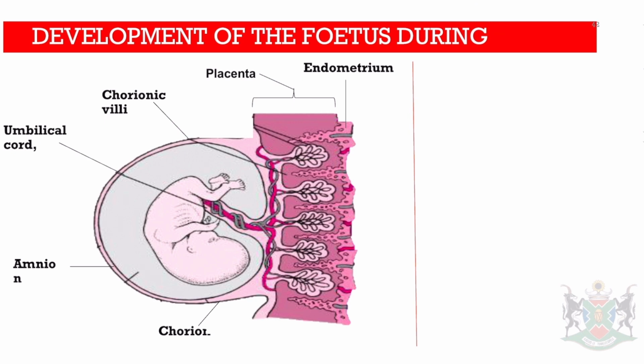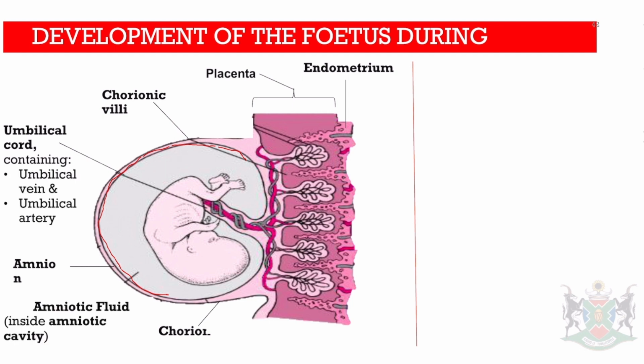And then we have the amnion, the second extra-embryonic membrane, the amnion or the amniotic sac. The amnion has the amniotic fluid, this one highlighted in gray, that is inside the amniotic cavity.